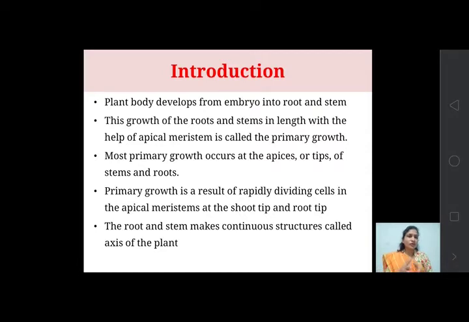So the plant body develops from the embryo into root and stem, and this growth of the roots and stems in length with the help of apical meristem is called the primary growth.